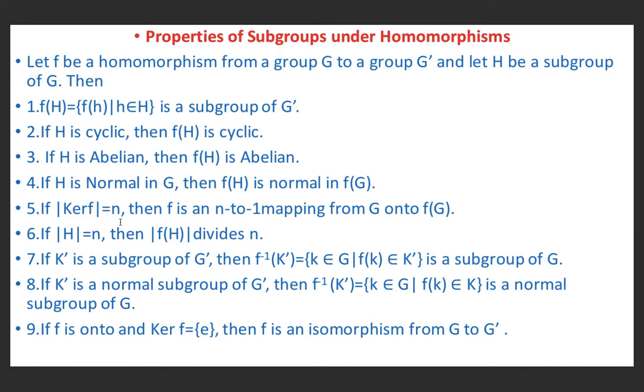Fifth property says that if f is a homomorphism of G to G dash, then every element of G dash that gets hit by f gets hit the same number of times as does the identity. And the next property means that f inverse K dash is called the inverse image of K dash or the pullback of K dash.